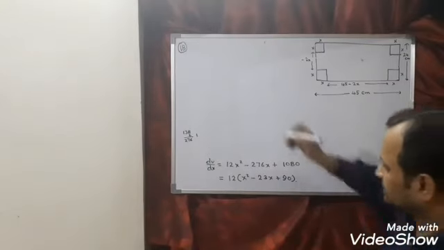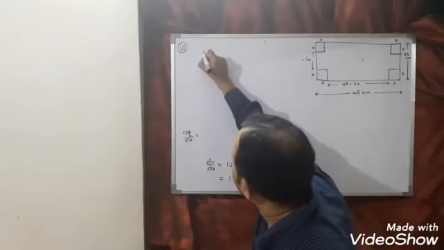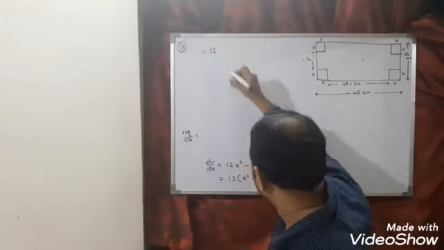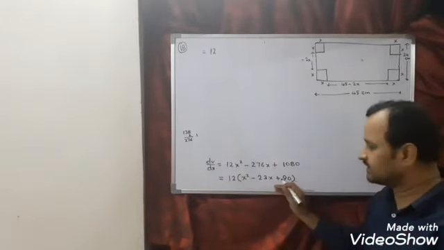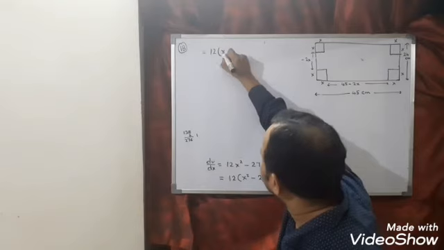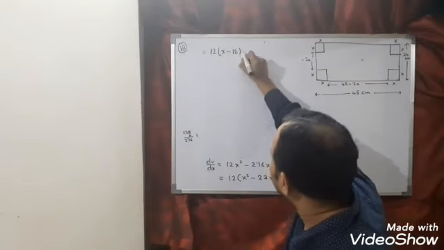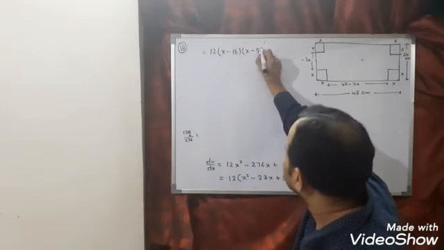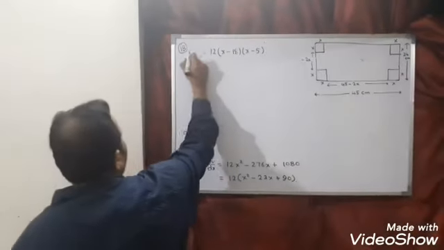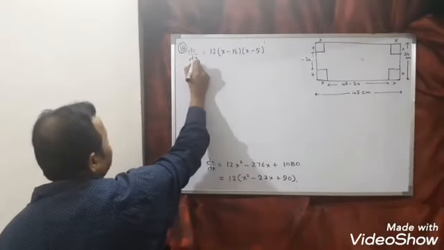So if you do factorization, you will get 12 into, so I can write this as x minus 18 into x minus 5. This is nothing but dV by dx.